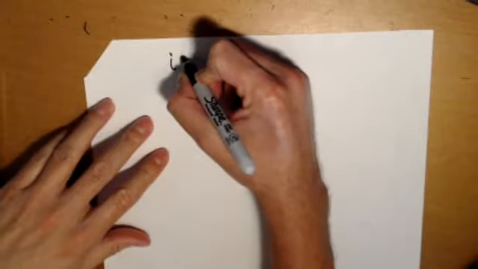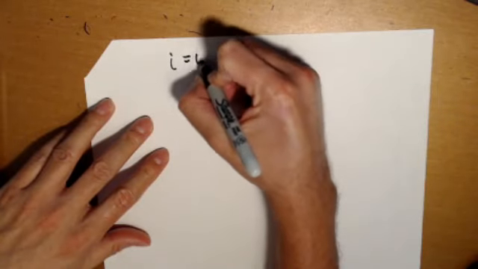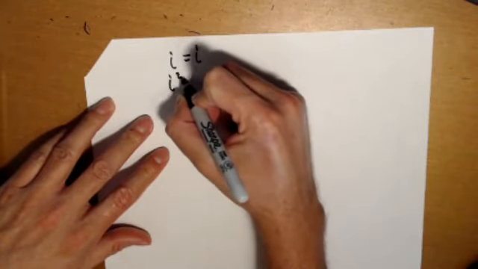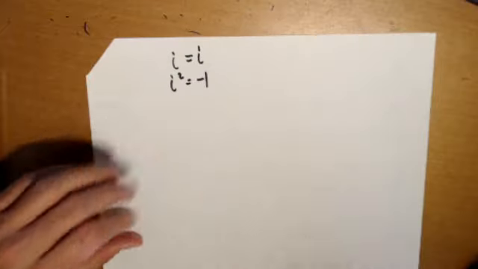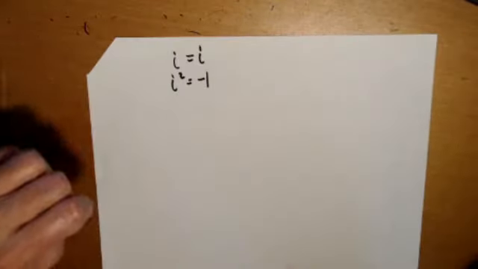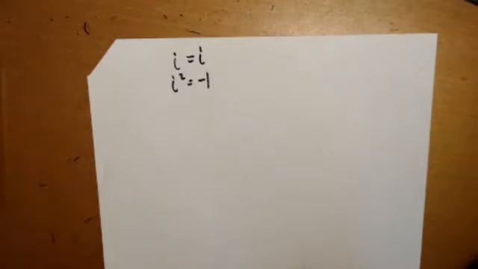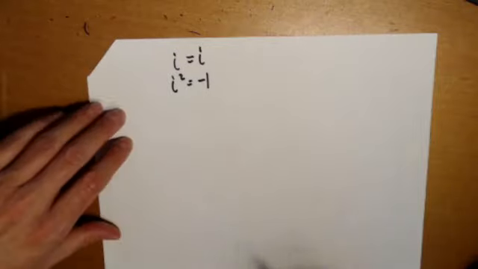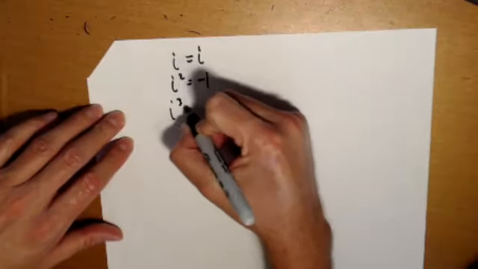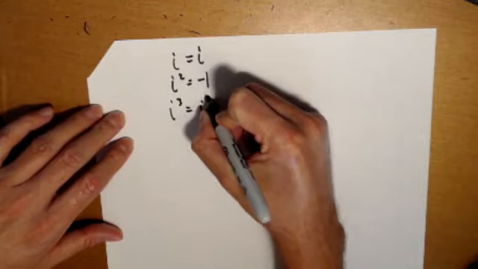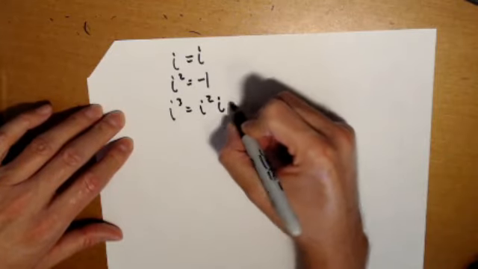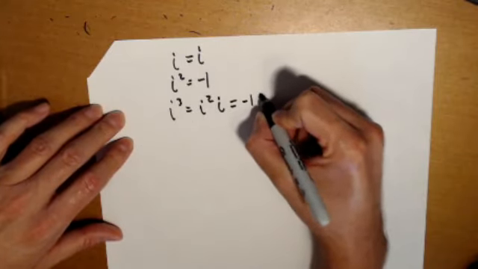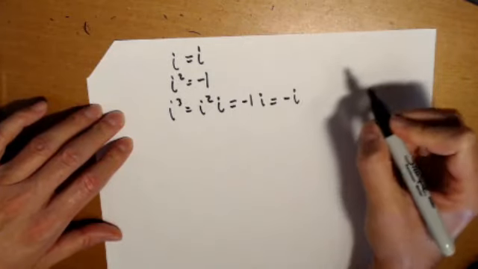So, we said that i is the square root of negative 1. And we agreed that i squared was negative 1. We agreed upon those two ideas 5 minutes ago. So if someone asks about i cubed, I'd like to think of that as i squared times i to the 1, which is negative 1 times i, which is negative i.